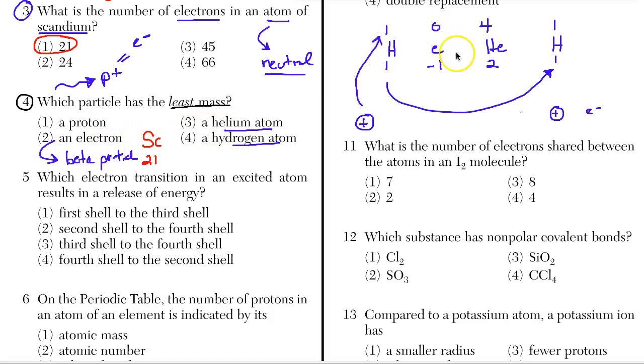So the one that has the least mass is the one that's going to have the smallest top number. So clearly in this case, electron, which in table O is a what? Beta particle.